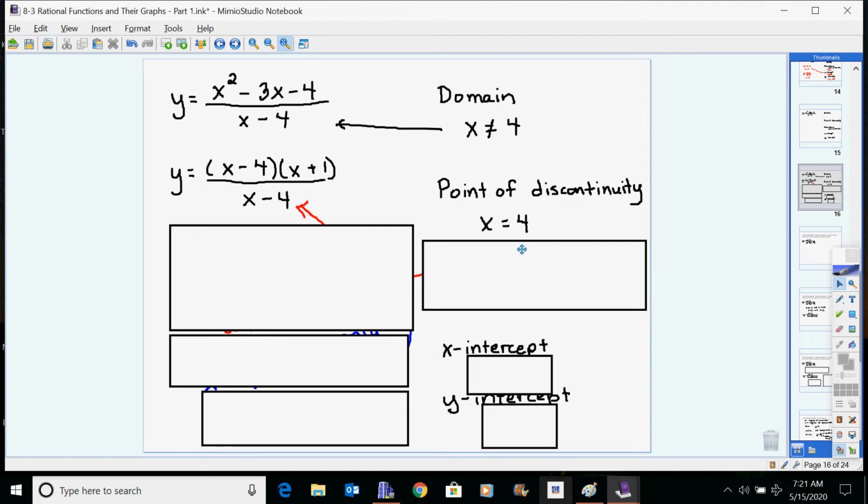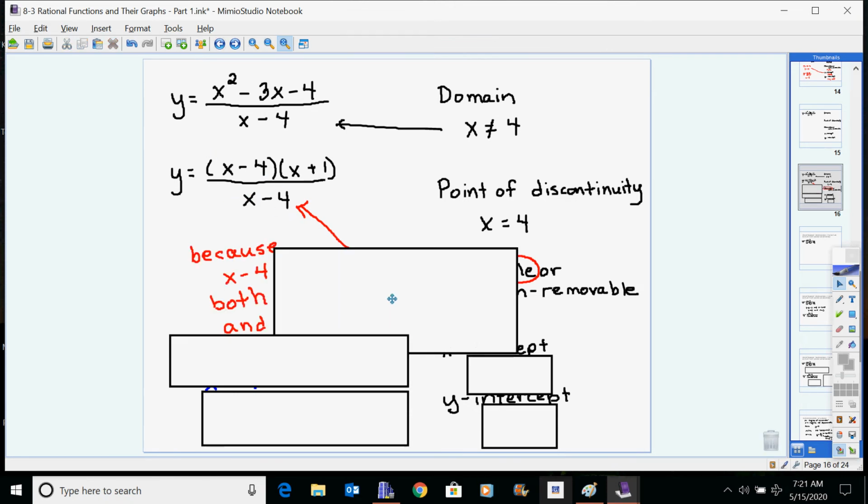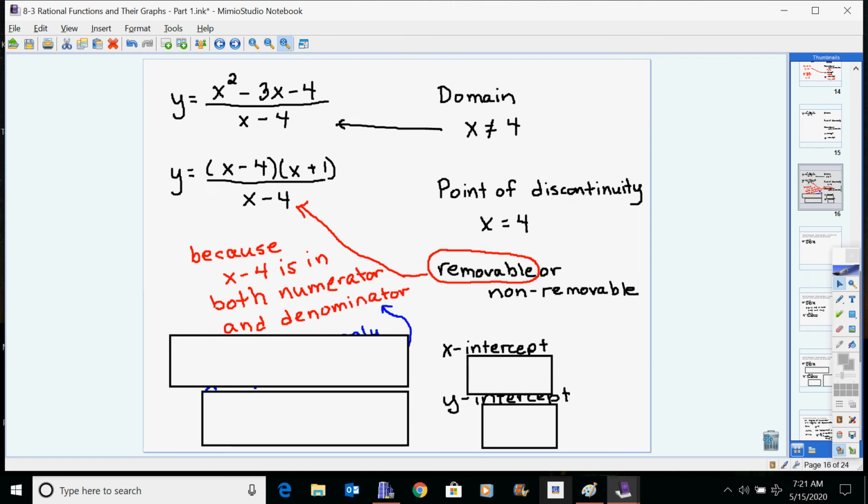So we need to figure out whether that's removable or not removable. Let's think about this for a minute. x minus 4 can cancel out. So thinking about x minus 4 canceling out, that's going to tell us that it's actually a removable point of discontinuity, because you can remove it by canceling it out. x minus 4 is in the numerator and denominator.